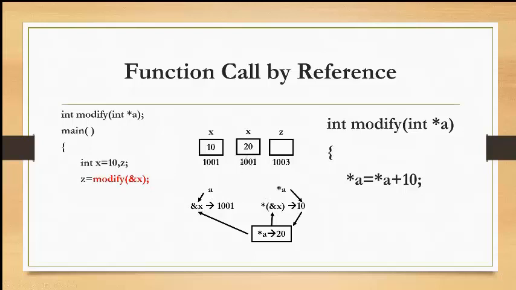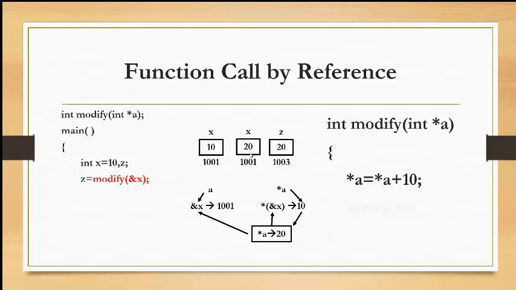Here we are not going to take any copy of the original argument x. Instead, we are going to touch the memory location, and whatever computation happens will directly happen in the memory location itself. So this is the concept of call by reference.